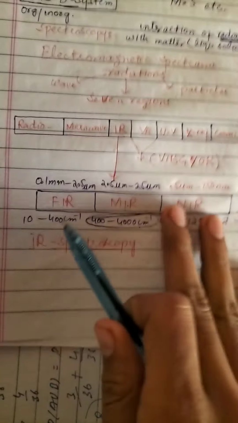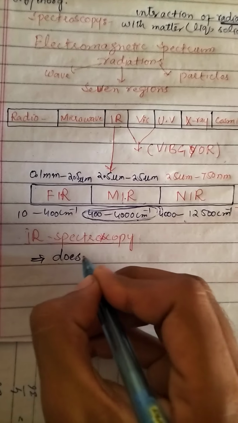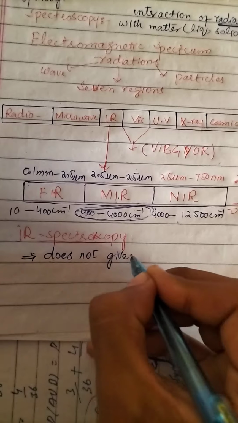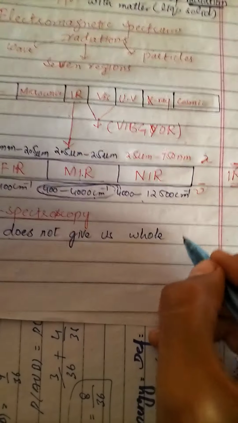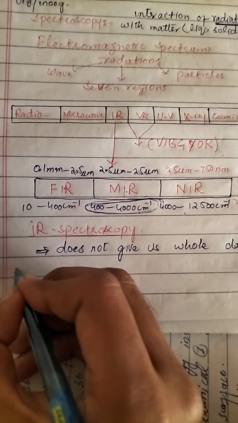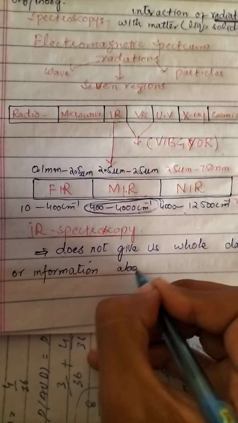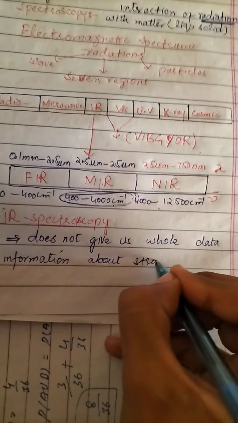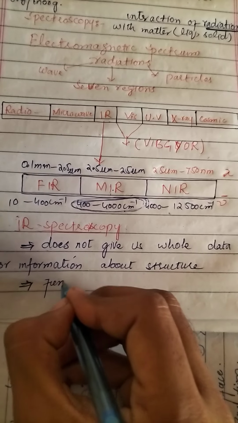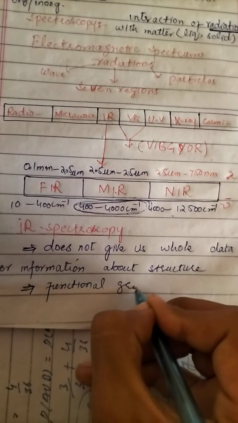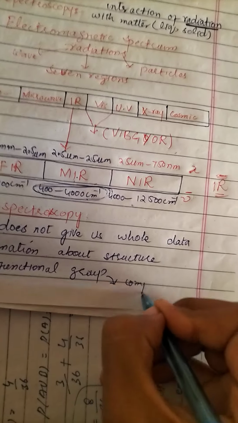IR spectroscopy does not give us the whole data or the information about the structure of the substance, but it only gives us the idea about the functional group that may be present in a compound, in a substance.